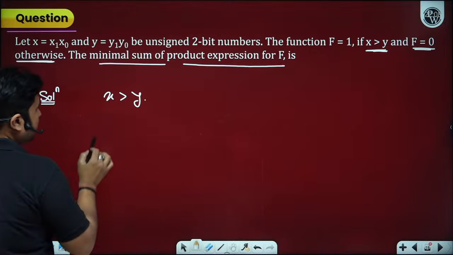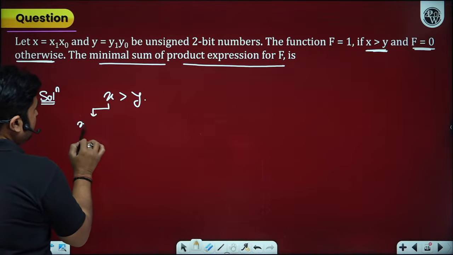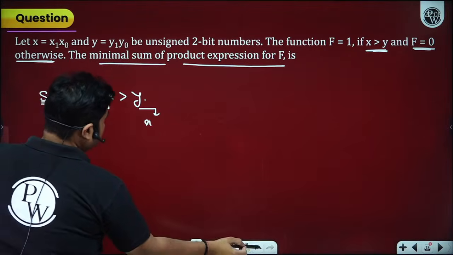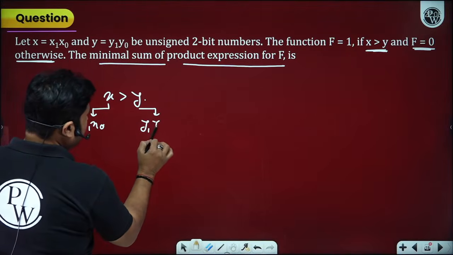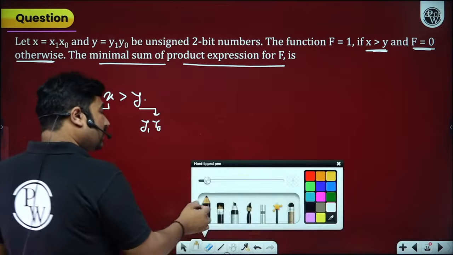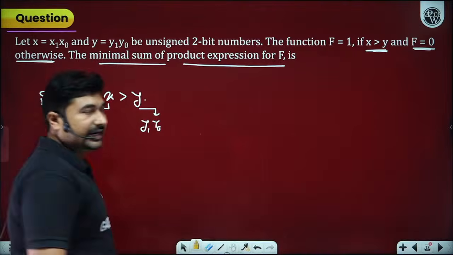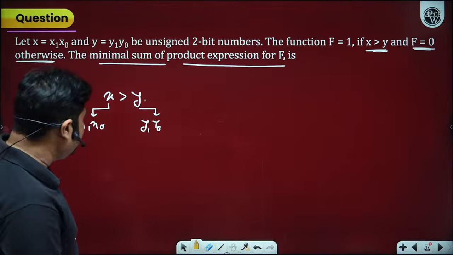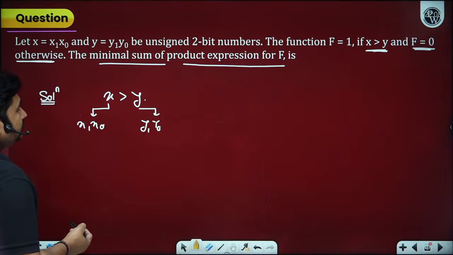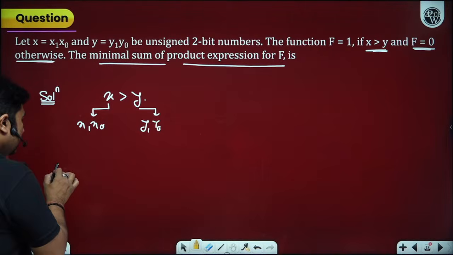X has two bits, x1, x0. Y also has two bits, y1, y0. Since we have to find the minimized expression, we can first easily write the unminimized expression. But can you write the minimized expression as well? Yes, sir. How?